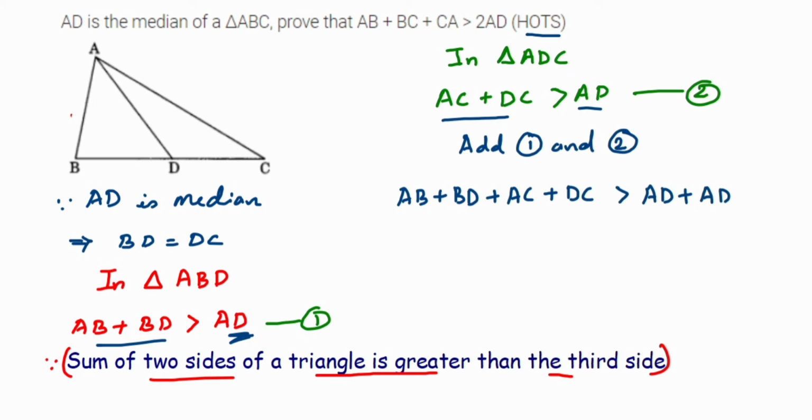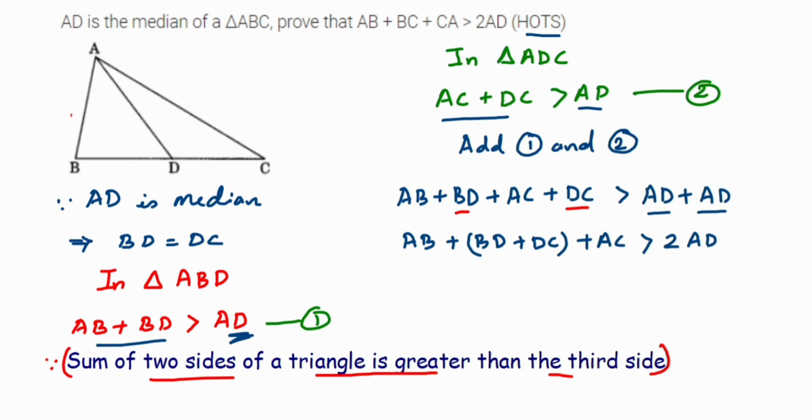Now what I'm going to do here, I'm going to bring this BD and DC in a bracket. I'll tell you the reason behind it. So let me rewrite this: AB plus, in a bracket, BD plus DC, plus AC is greater than AD plus AD, which gives you 2 into AD, or 2AD.